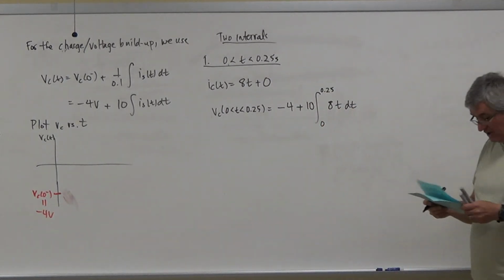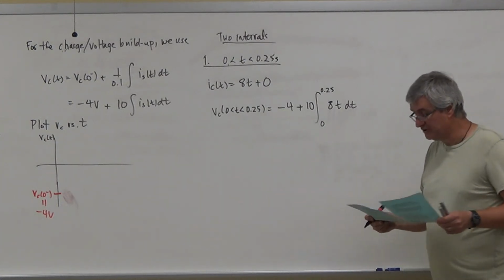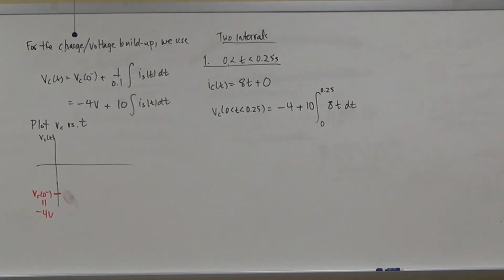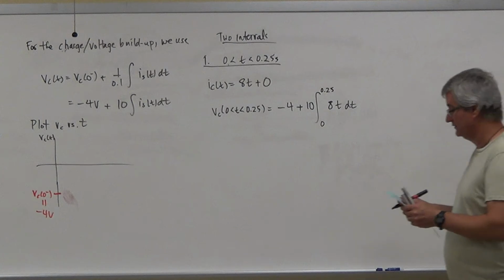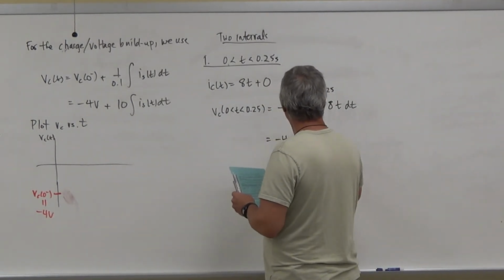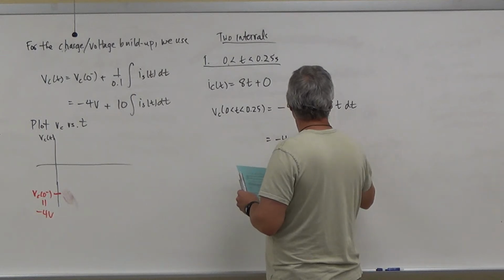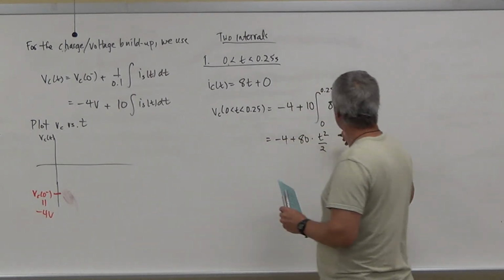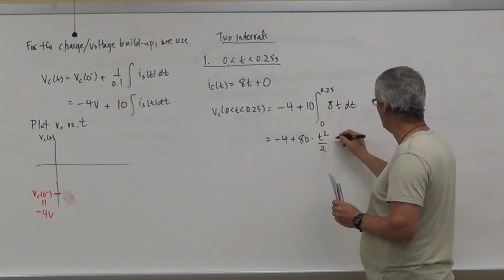So if I integrate this guy, what should I get? Well, I'm going to get -4, I got 80, and then I'm going to get t squared over 2. The only term that matters is this quarter here.